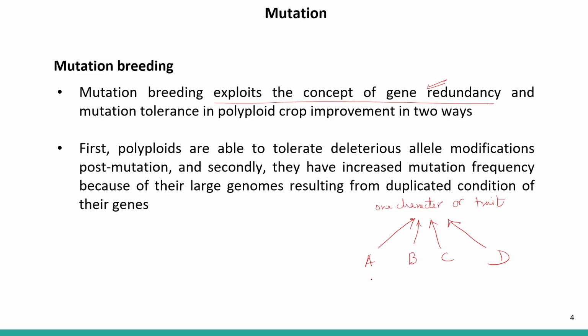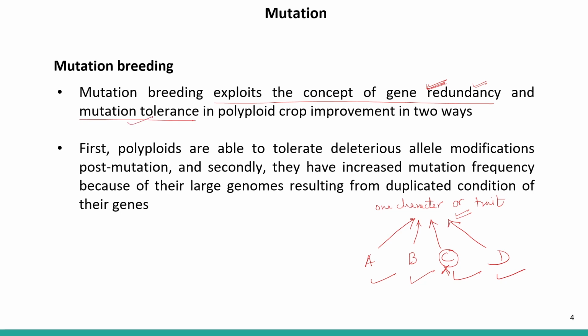This trait is the effect of four different genes, and if one of the genes gets inactivated, there is not much effect on the character or trait. That is called gene redundancy.